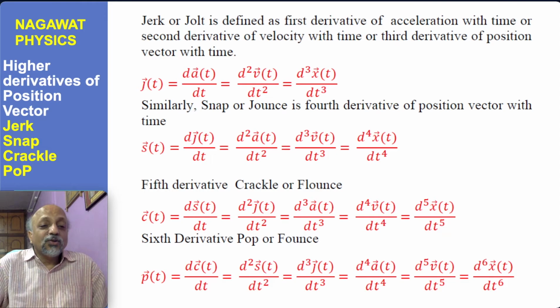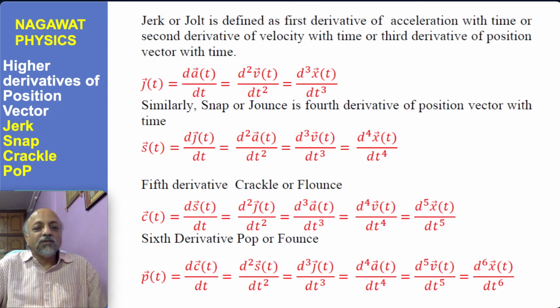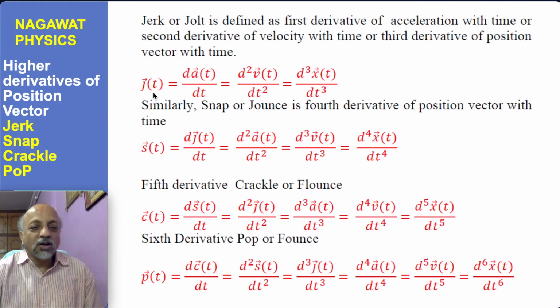Then once you learn this, since you know in physics, a physicist or a mathematician has a tendency to keep using the knowledge which they have acquired and improving the scenario. So once I have defined the second derivative of position as acceleration, I can define the third derivative of position, which will be the second derivative of velocity, which will be the first derivative of acceleration, as jerk or jolt.